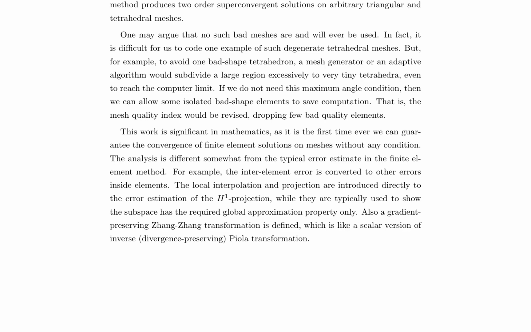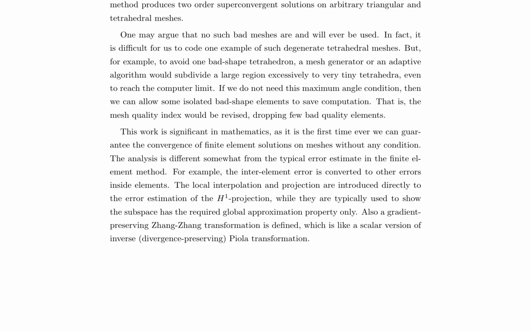A gradient-preserving Zhang transformation is also defined, analogous to a scalar version of the inverse Piola transformation. The PKWG method has important implications for mesh quality assessment and computational efficiency. It may allow for the presence of isolated poorly shaped elements, reducing computational costs.